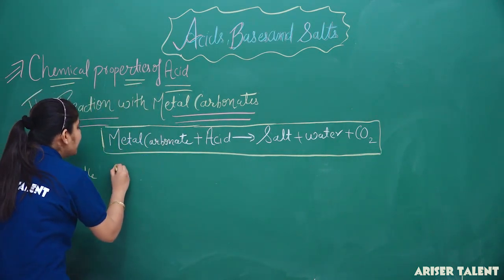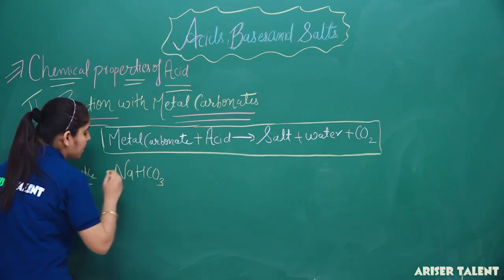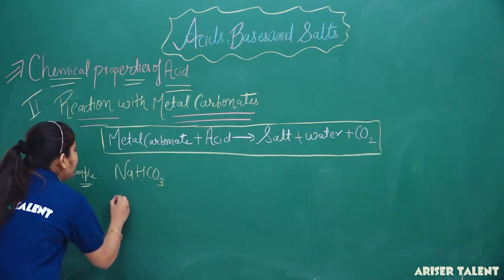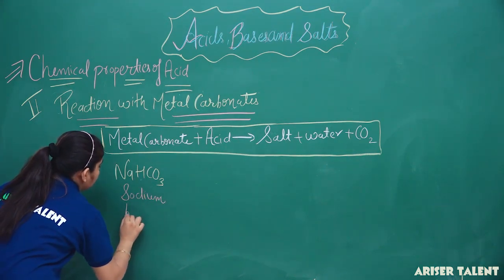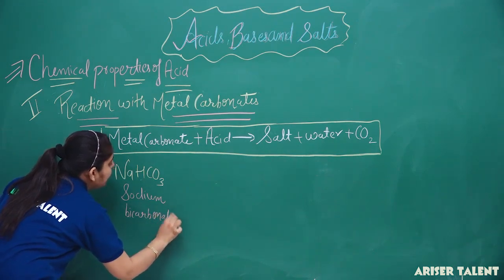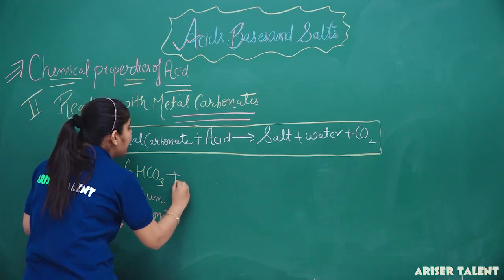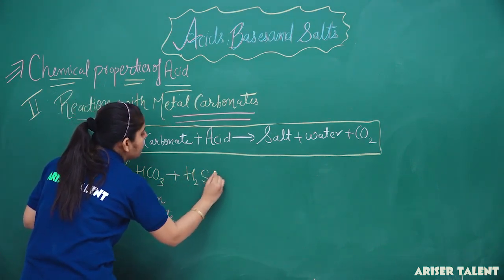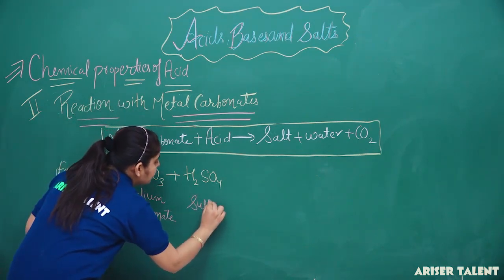So we will take here NaHCO3. It means it is sodium bicarbonate, basically known as baking soda. We will do its reaction with H2SO4. H2SO4 is sulfuric acid.